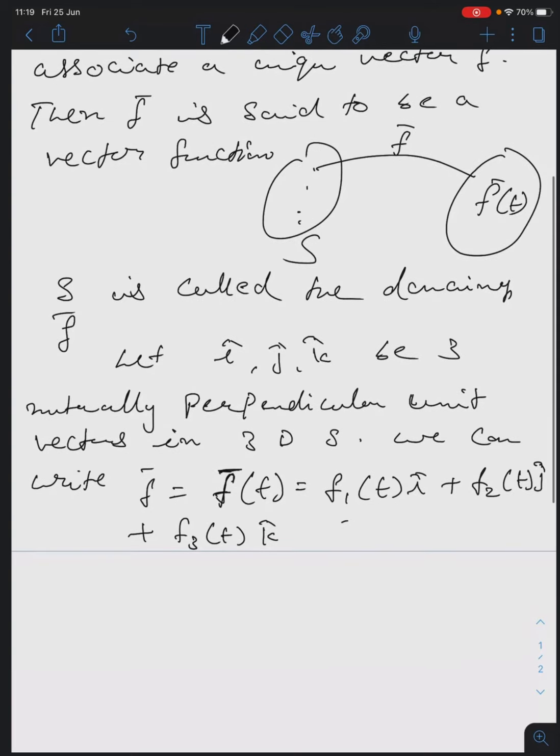But the components F1, F2, F3 are real valued functions only, as there is no bar on them. Overall this is a vector function, but F1, F2, F3 are real valued functions.